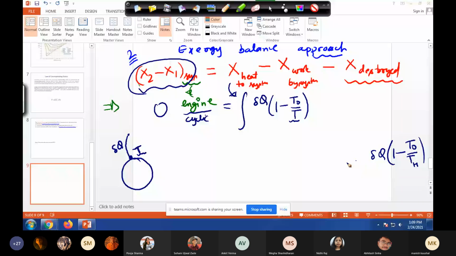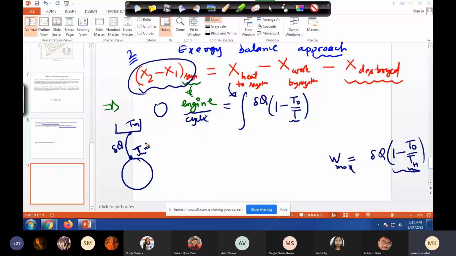Now, I have written δQ times (1 minus T naught by T_H). First of all, this is any W, and this is any efficiency. When will this W be maximum? When the process is reversible. So this T_H, the metal temperature, must be equal to T. That's what we discussed before also, that everything is happening reversibly.